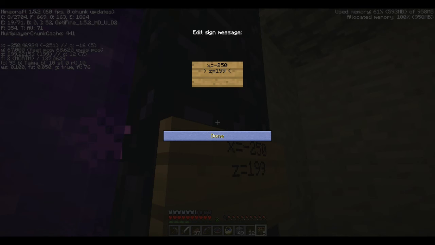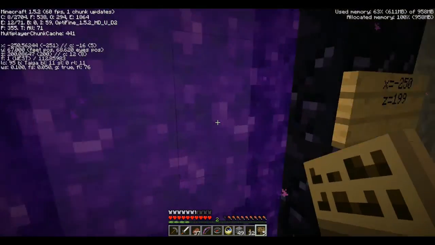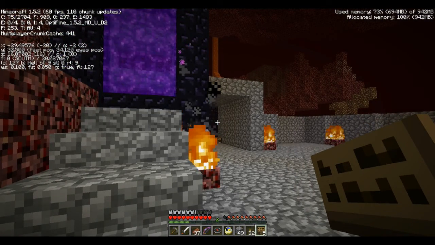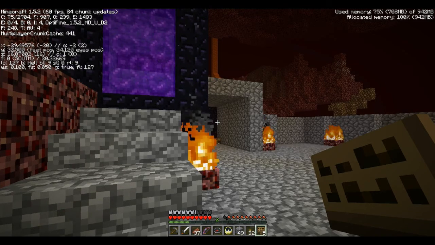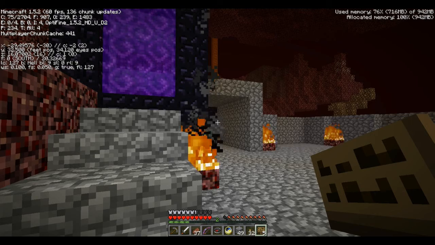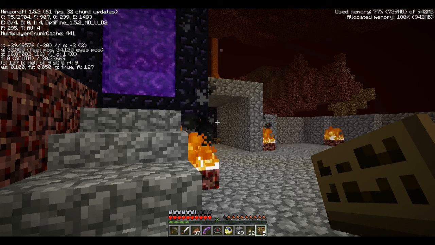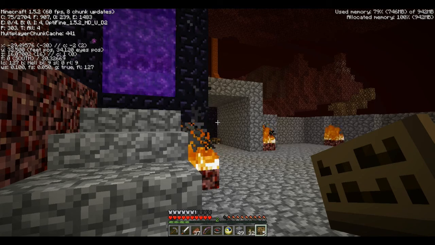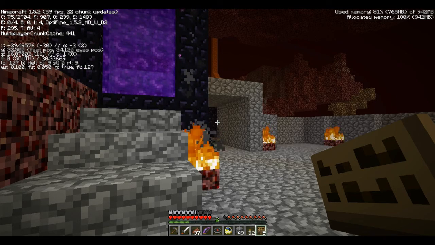Okay, so here's where it becomes a little tricky. Let me go through here and I'll explain what we need to do. What we need to do now is we need to take those coordinates that we had before, that was negative 250 and 199, and we need to divide those by 8, because every single block in the nether is 8 blocks in the overworld.